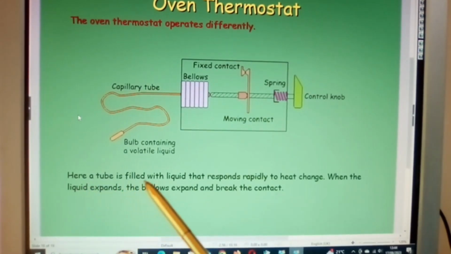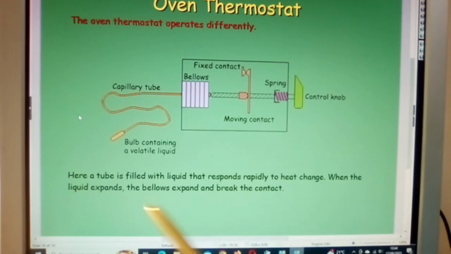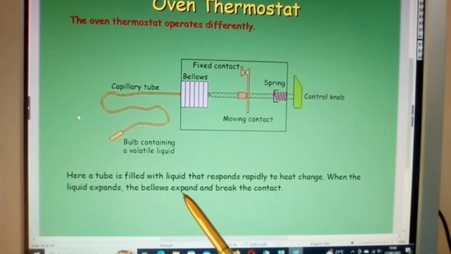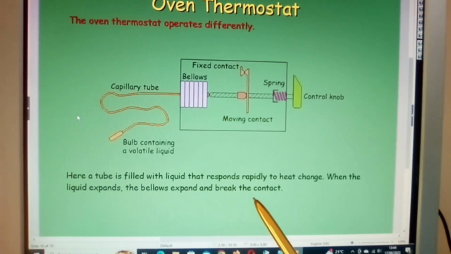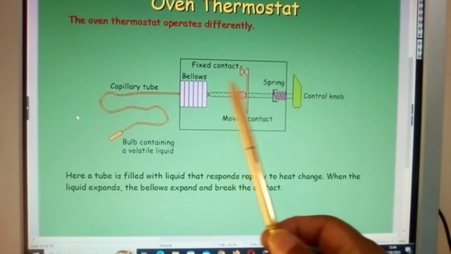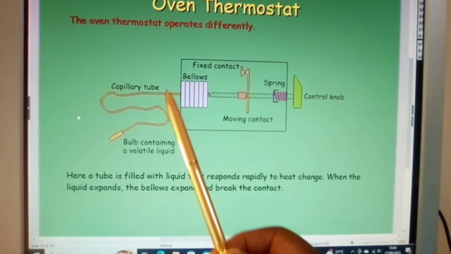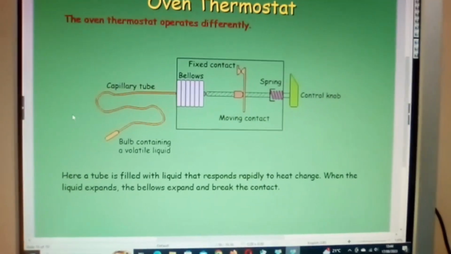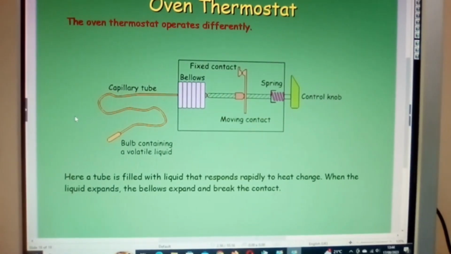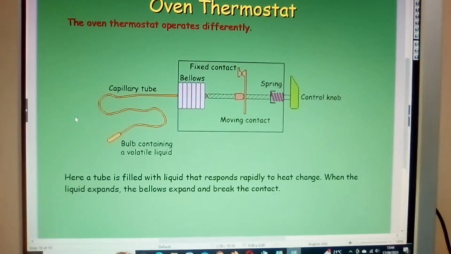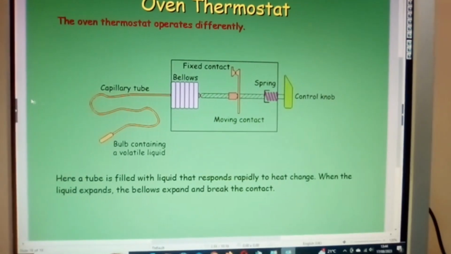Here a tube is filled with liquid that responds rapidly to heat change. When the liquid expands, the bellows expands and breaks the contact. Okay. Then as it cools, it goes back and it makes the contact.